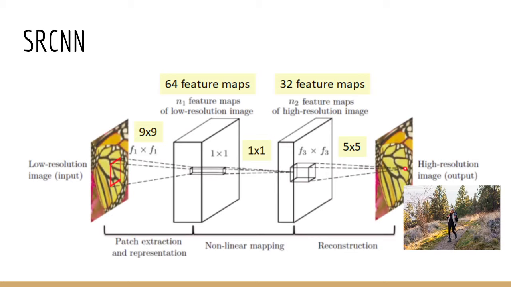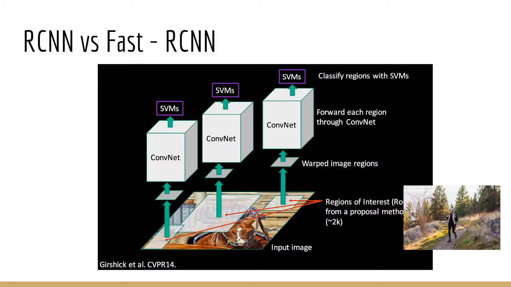For you to understand what SRCNN and FSRCNN are, and how they are different, I have a small example of RCNN versus fast RCNN. RCNN and fast RCNN are object detection models. In an input image, you're saying there is an object enclosed in a rectangle with points P1, P2, P3, P4.